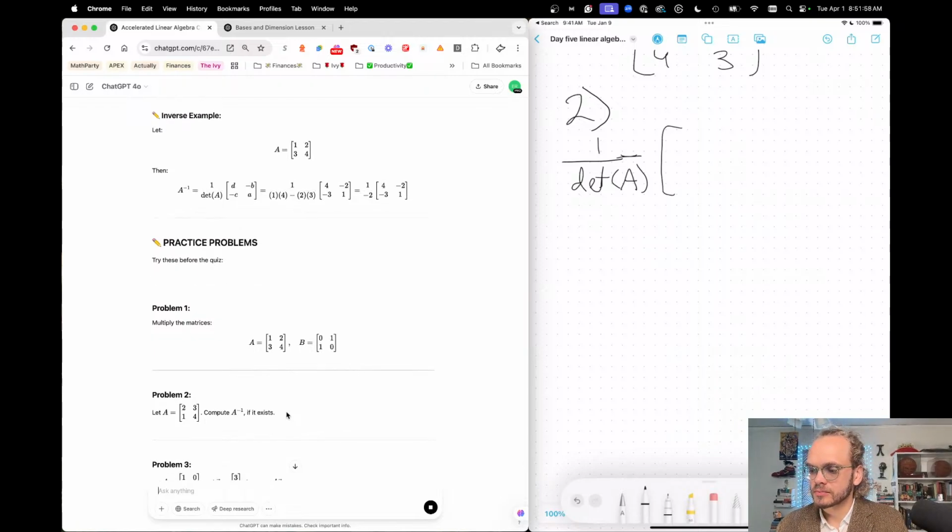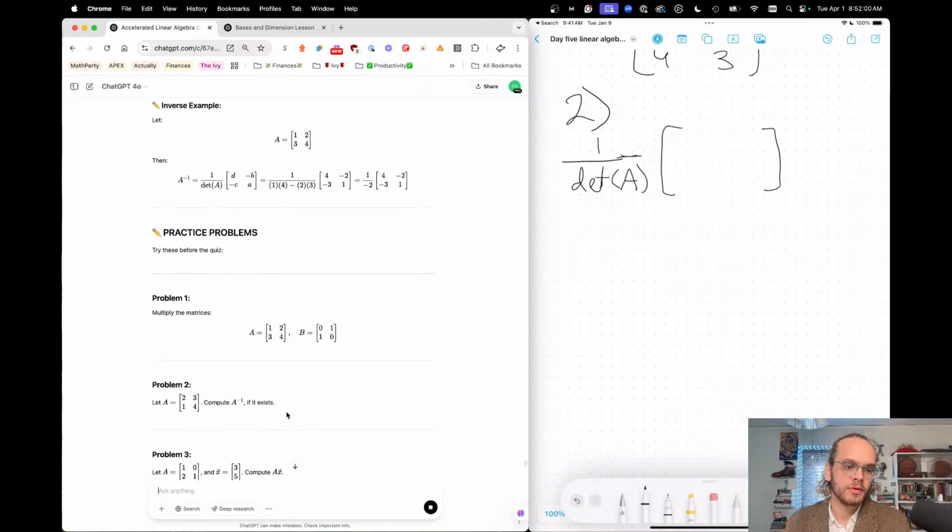Times, A was 2, 3, 1, 4, so this is going to be 2 in the bottom right. Wait, yeah, 2 in the bottom right, 4 in the top. I switch those 2 spots. And then I keep negative B and negative C. But I want to make those negative, so it becomes -3, -1.